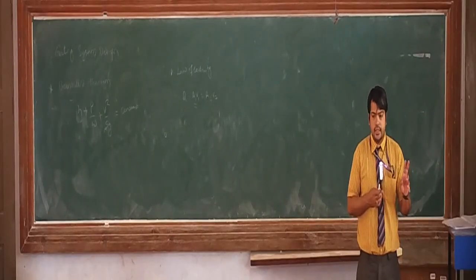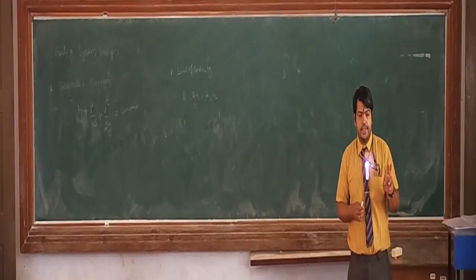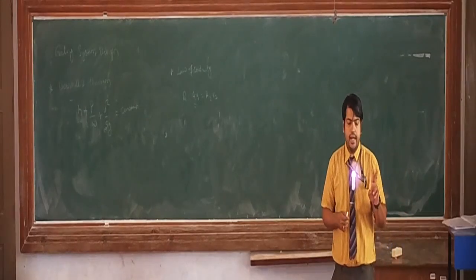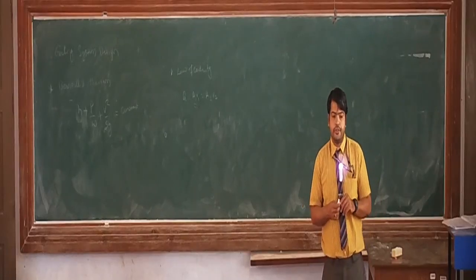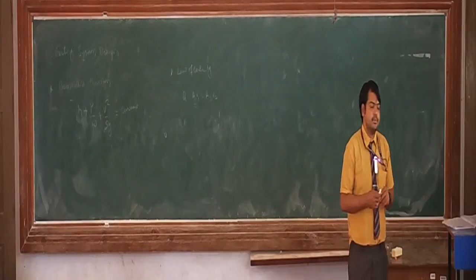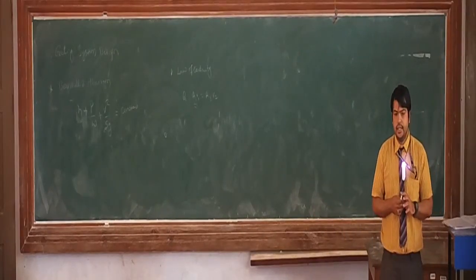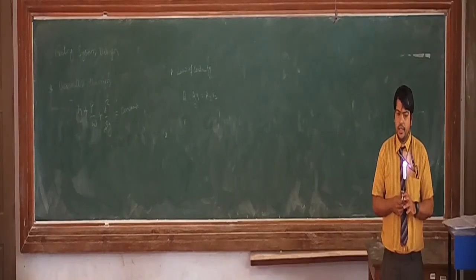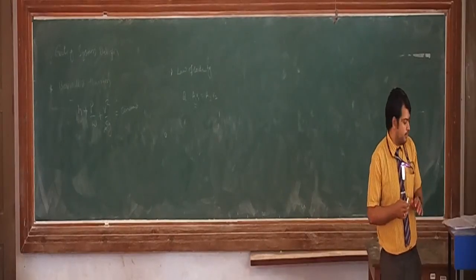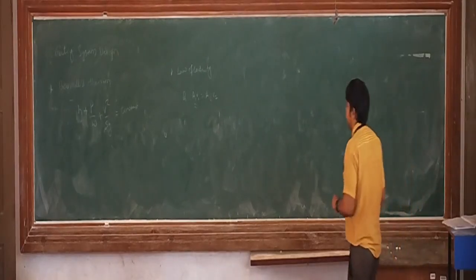One is the law of continuity as well as Bernoulli's theorem, and another is Chvorinov's rule, which tells us about the cooling time. With the help of all these things we make the design of the gating system. Now let us first see how we calculate the pouring time.